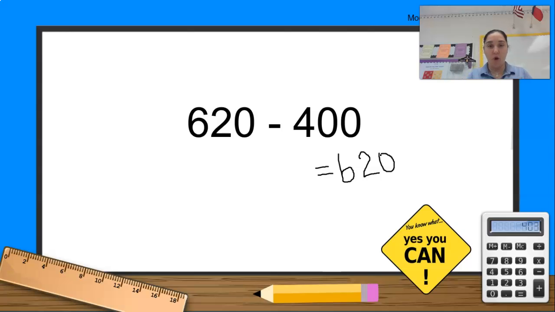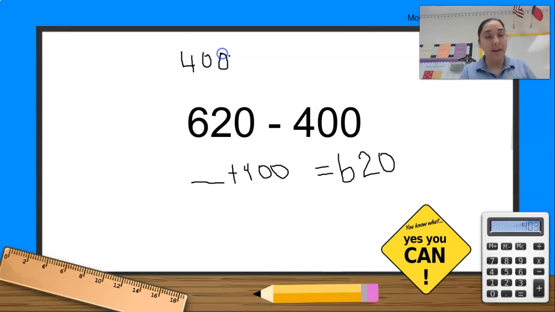620 is the whole. And what's the part that we know? Yes, 400. So we can say something plus 400 equals 620, or 400 plus something, we don't know that missing part, equals 620, boys and girls. Okay?